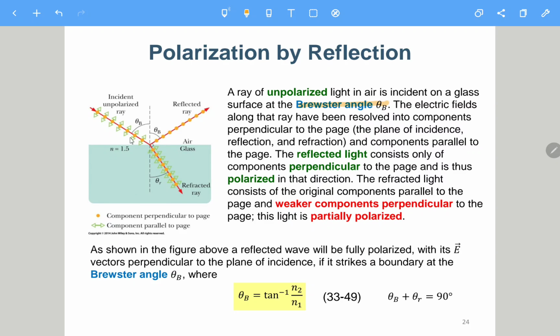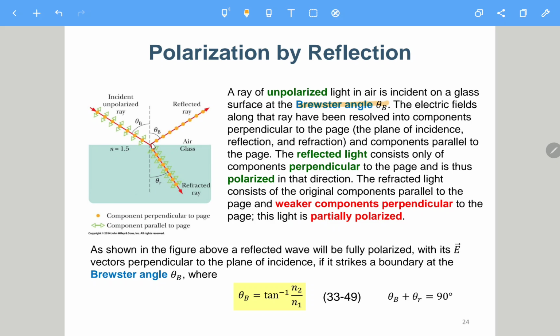If the incident angle is theta b, which is given as n2/n1 and then take the arctangent, so this is a specific angle. If the incident angle is actually this Brewster angle, then the reflected light will be totally polarized.